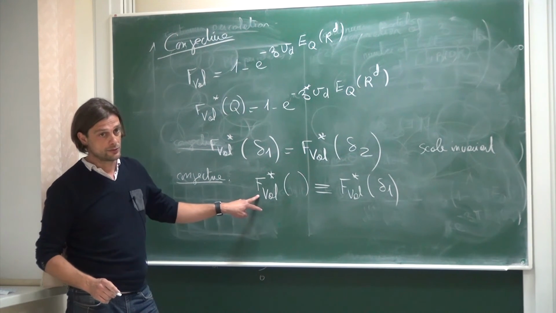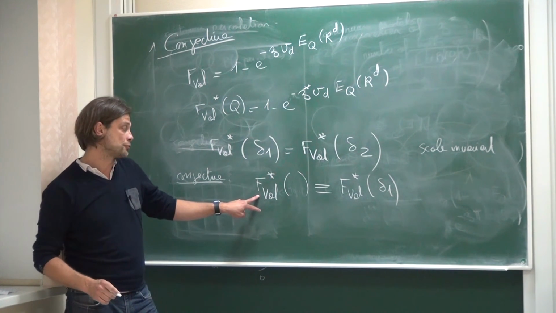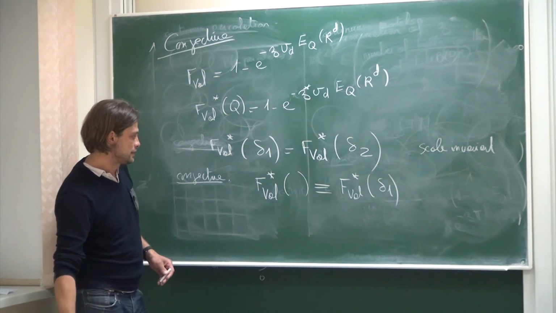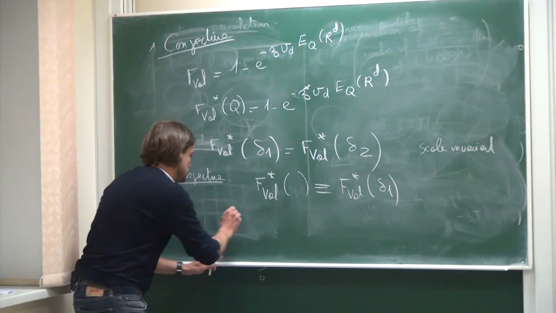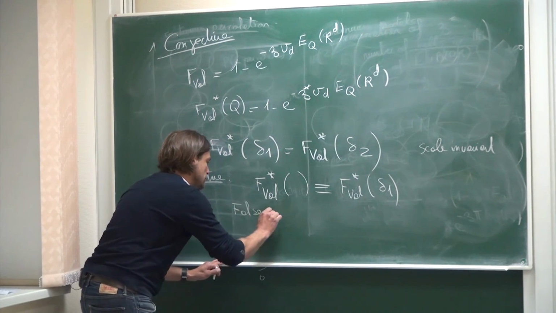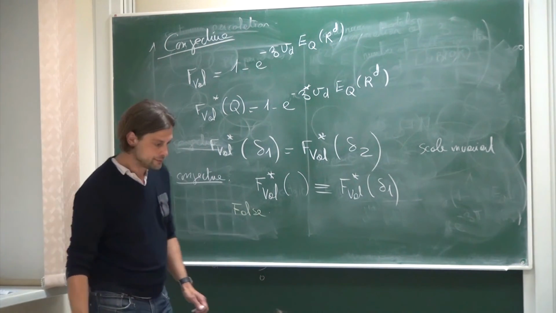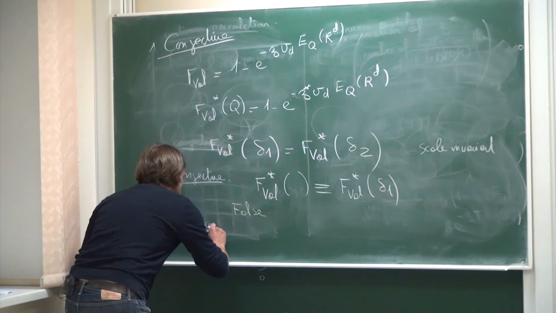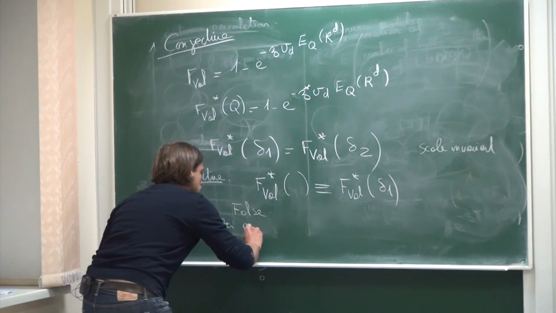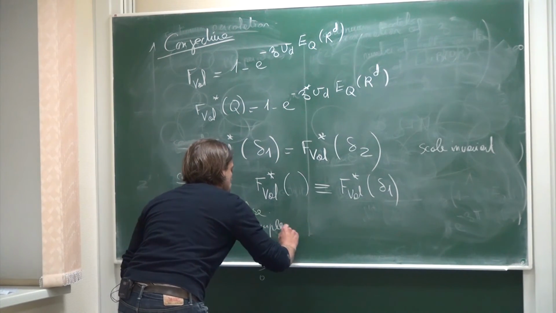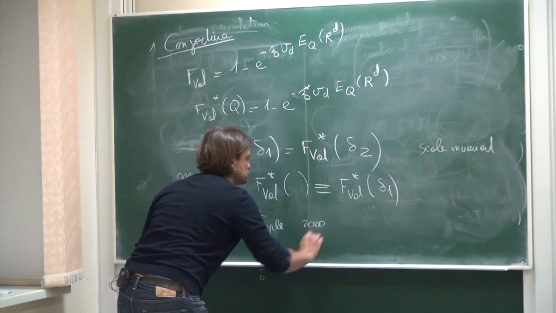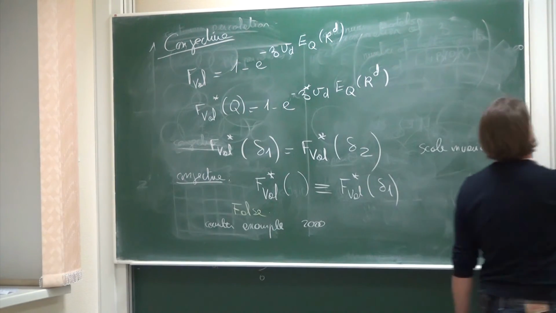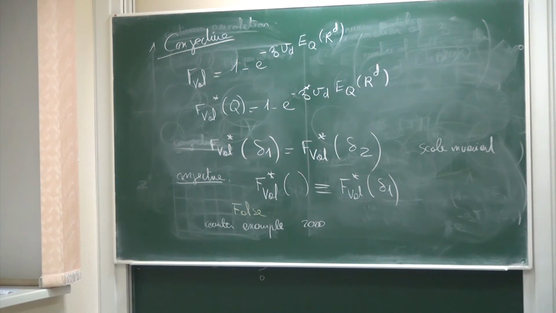It was a kind of universal property for the percolation, but it's false. And Meester and Roy in 2000 gave a counterexample. So that was the first conjecture.